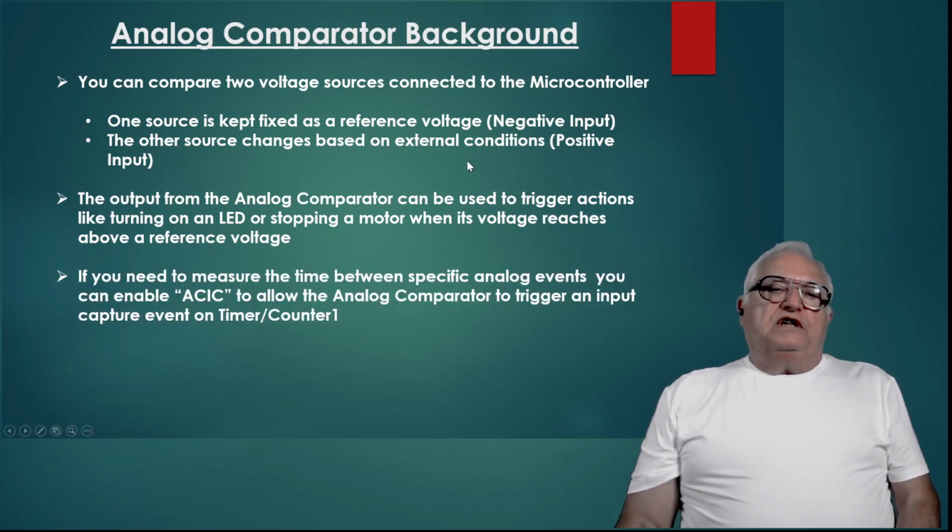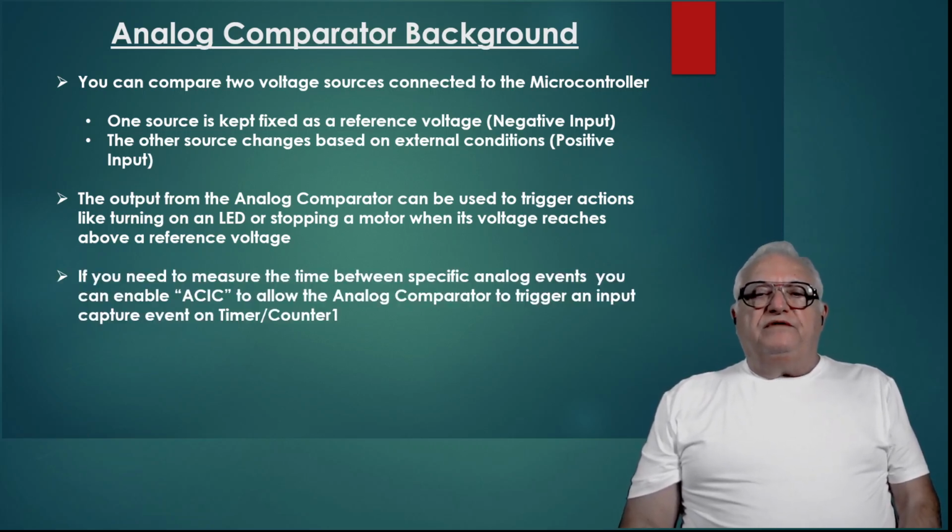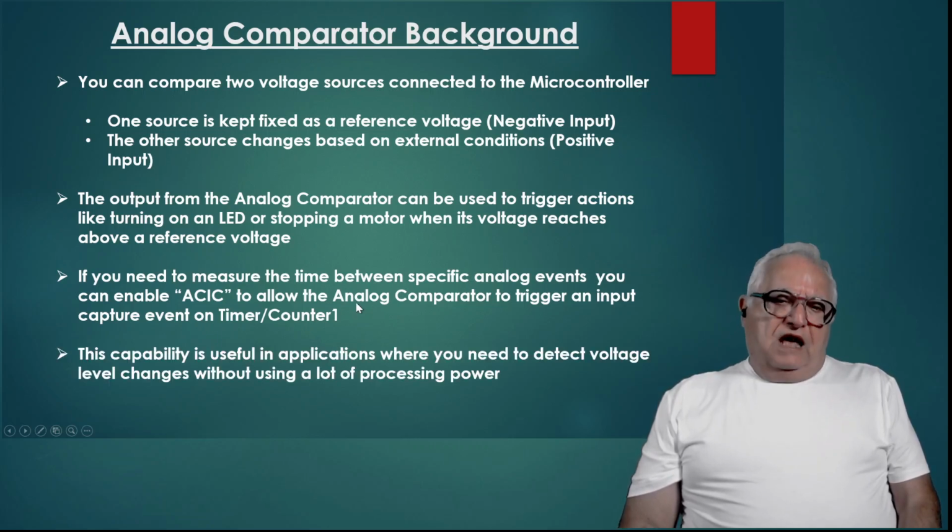If you need to measure the time between specific analog events, you can enable the ACIC bit to allow the Analog Comparator to trigger an input capture event on timer 1. So in addition to performing its comparator function, it can also trigger a capture of the time when the event happened.